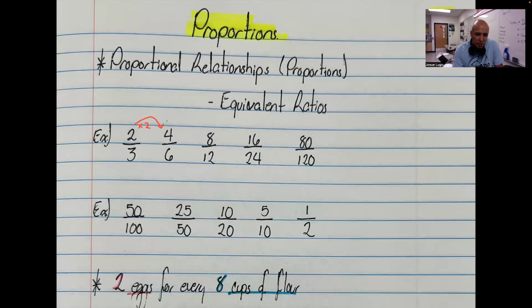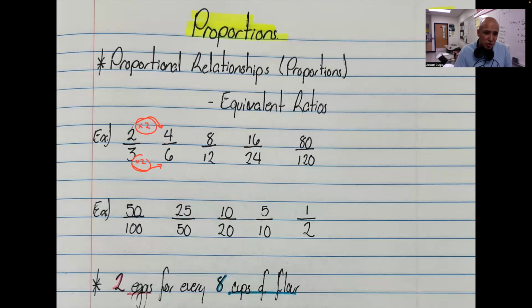And if I can multiply 3 times 2, and if that indeed gives me the bottom one, 6, then these two are equivalent. And is 3 times 2 actually equal to 6? Yes. So notice that whenever you multiply or divide the numerator and denominator by the same factor, the resultant fraction will be equivalent.